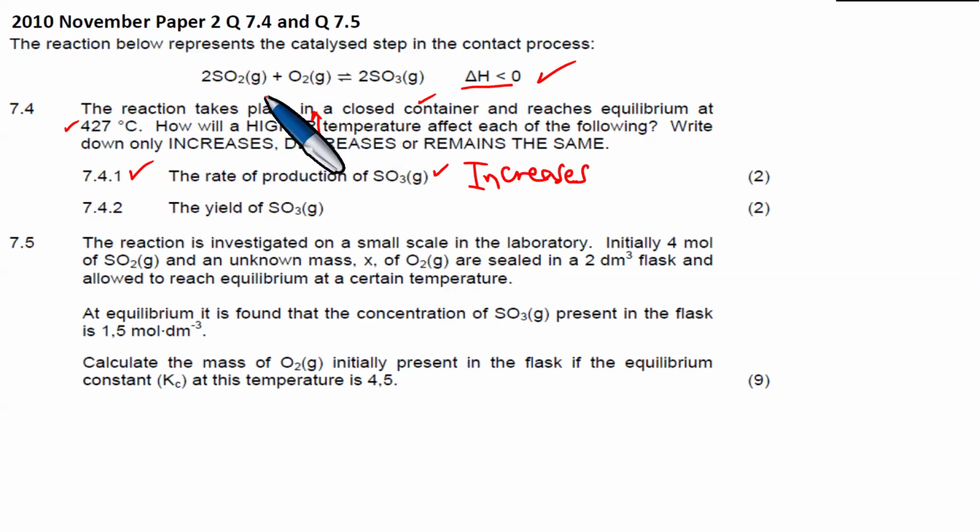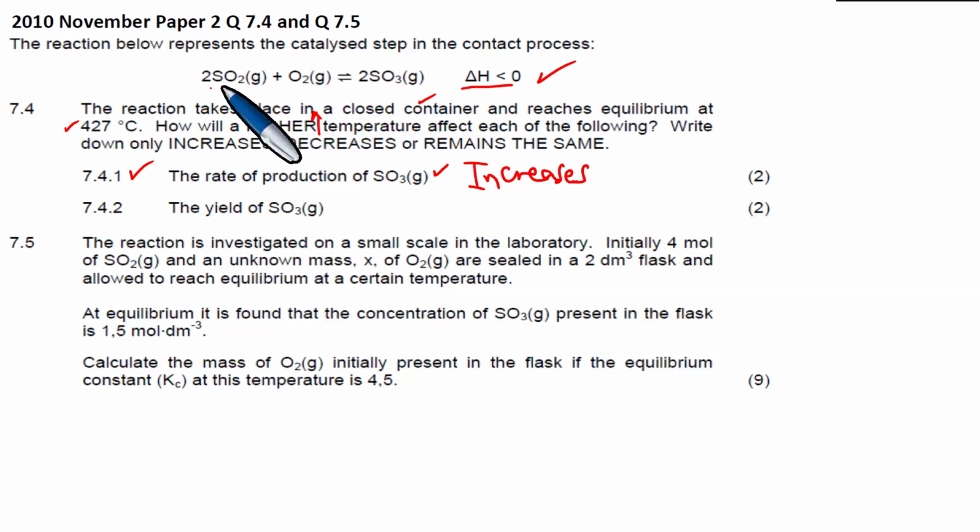When the reverse is favored, the product decreases, building up more reactants.